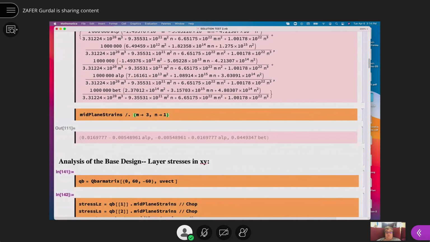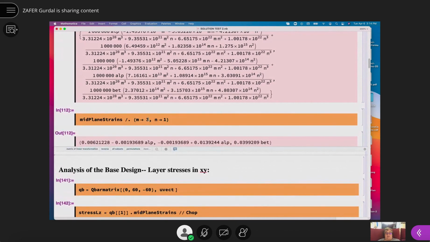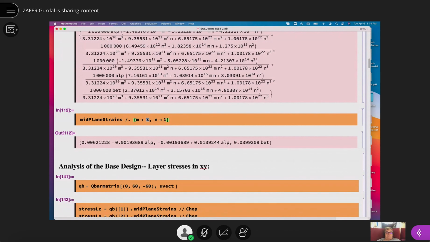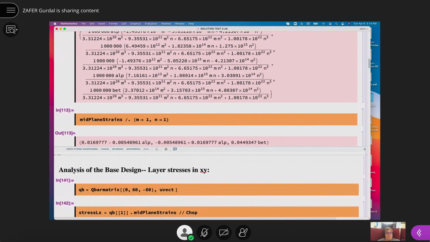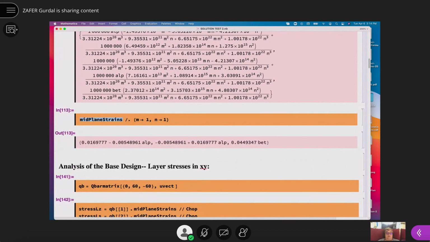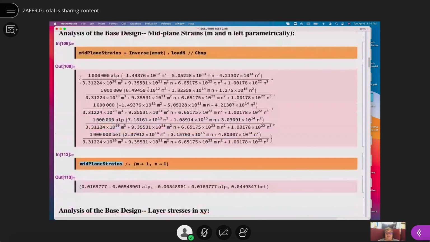Let's put 1 again. And the influence of alpha is also changing, but in any case, this is just a demonstration. This is not a scientific value anywhere. Mid-plane strains are still parametrically defined as this cell here.